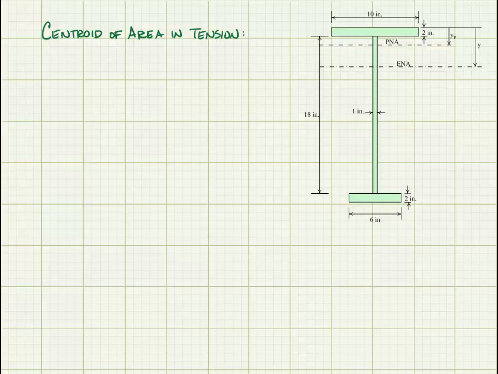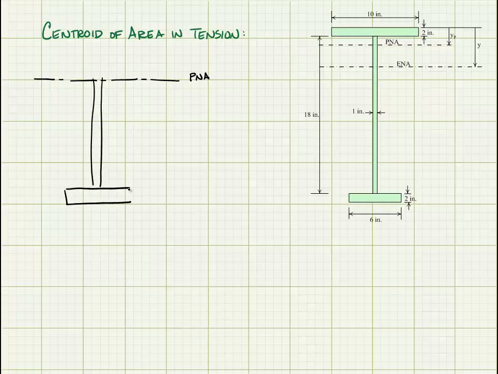And once again, let's draw a sketch. Here's the web. Here's the plastic neutral axis. And then here's the bottom flange. So bottom flange, 6 inches wide, 2 inches thick.